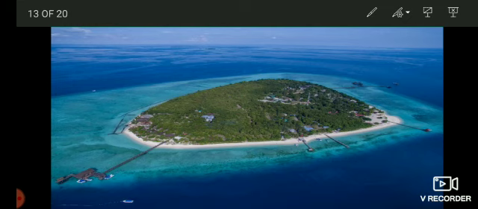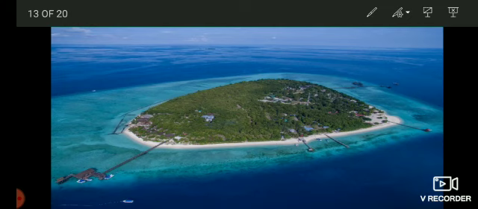Can you give examples of islands? Yes, we have the Lakshadweep Islands located in the Arabian Sea, to the west of India. And to our east, in the Bay of Bengal, we have the Andaman and Nicobar Islands.